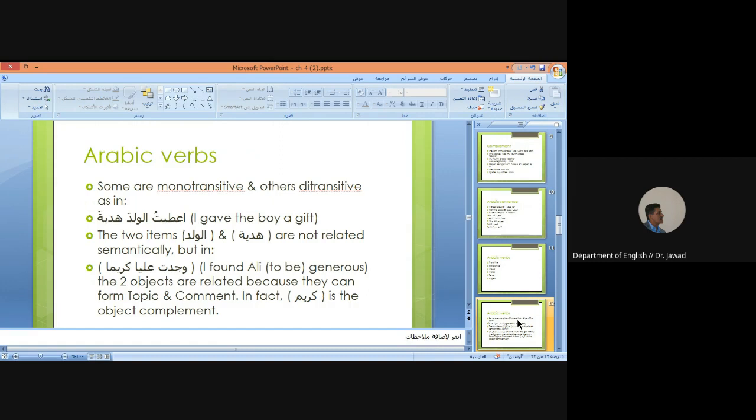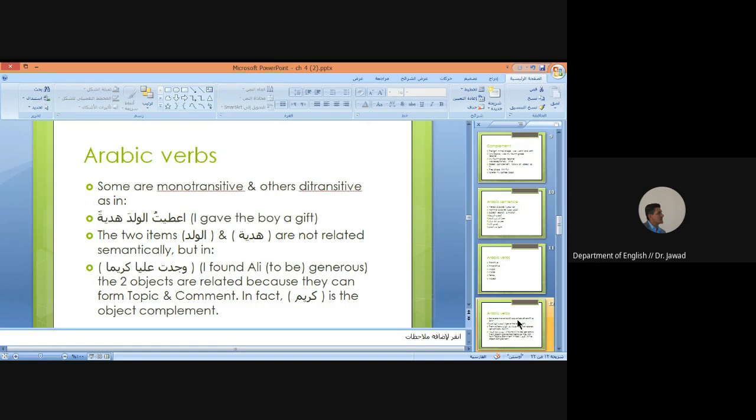And yet there is another object which is the second one, هدية. And it is translated into English as I gave the boy a gift. The boy is the indirect object and a gift is the direct object. So the verb أعطى in Arabic is ditransitive, and the same applies to English.